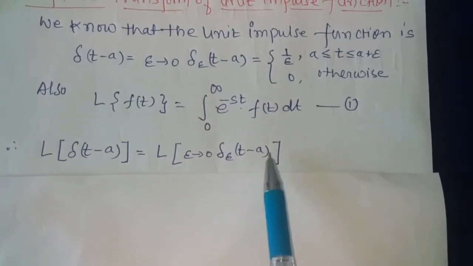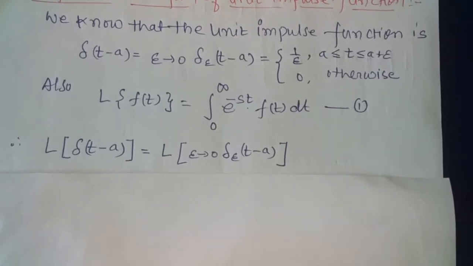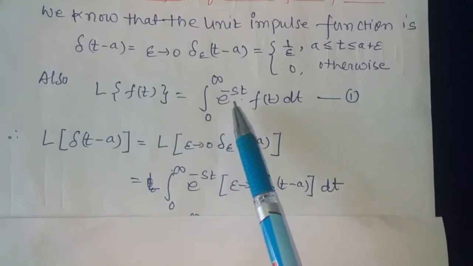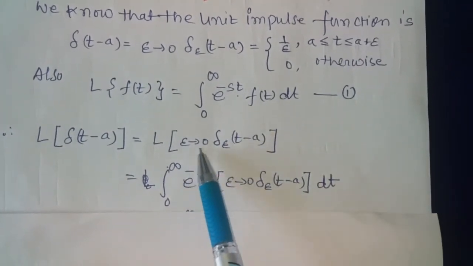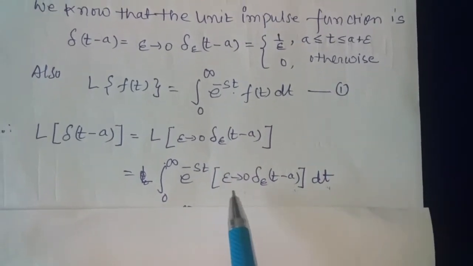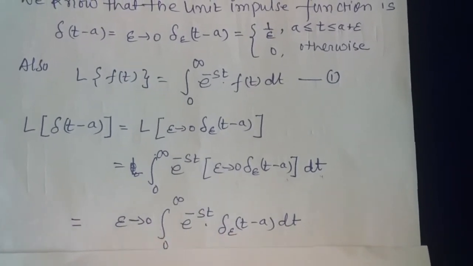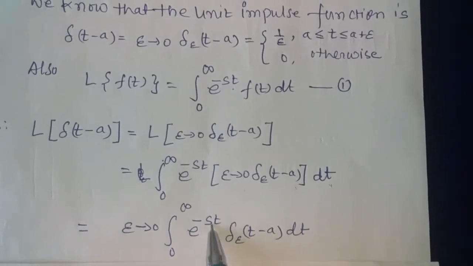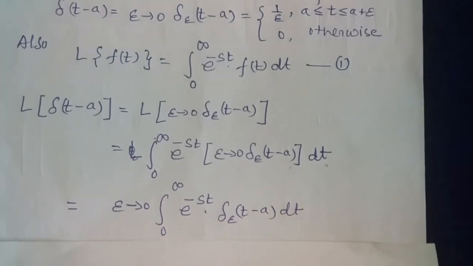Now the Laplace transform of the delta epsilon function, epsilon tending to 0, is given by the integral from 0 to infinity of e raised to minus st, and in place of f(t) we write the limit as epsilon tends to 0 of the delta epsilon function, dt.